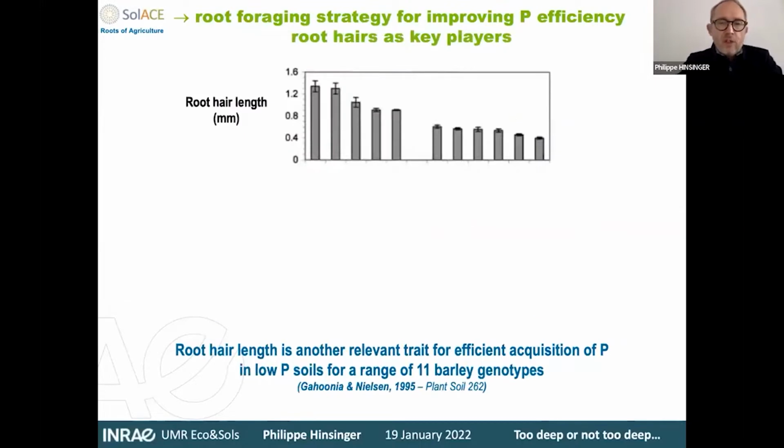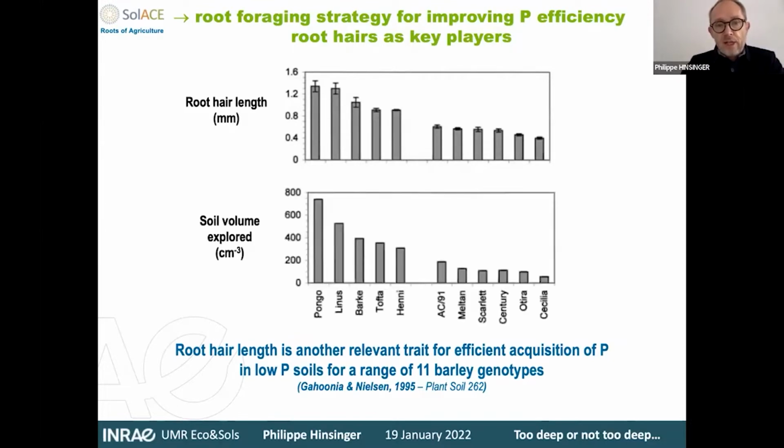It's not the only trait I've been already mentioning several times. Another very efficient way to increase the resource acquisition through increasing root surface area is through root hairs. And this is an example of old work by people in Denmark on barley genotypes, showing variation in root hair length, and the huge consequence for variation in soil volume that is explored.